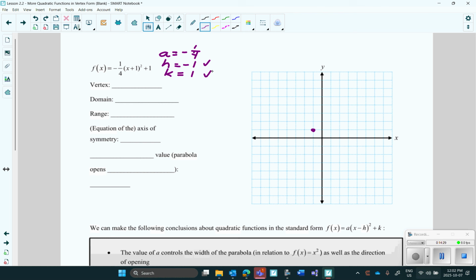You guys are really overthinking this. Yes, 1/4. Anything times 1 is itself. So I go a quarter down. Oh, this is going to be a wide one. Normally I'd go 2 across 4 down, but instead of going 4 down, I go 1. 4 times a quarter, or 1 down. So this is a really wide one.